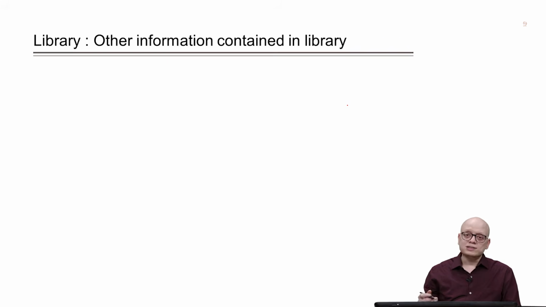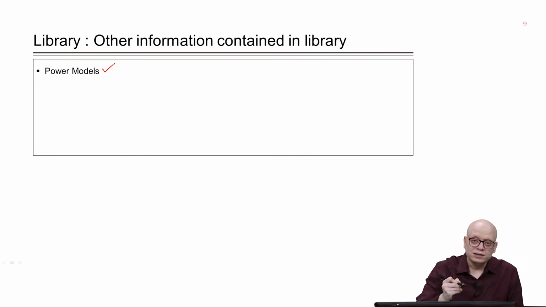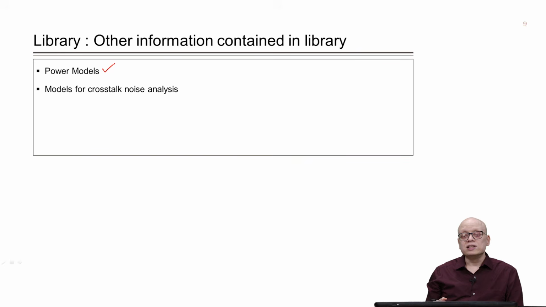In addition to this, there is a lot of other information contained in a technology library. The other information is related to power. When we discuss power analysis, we will look into power models more carefully. Then there are models for crosstalk and SI analysis and noise analysis.